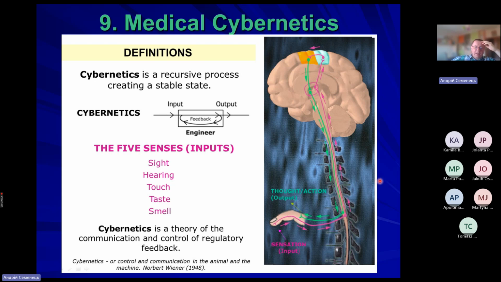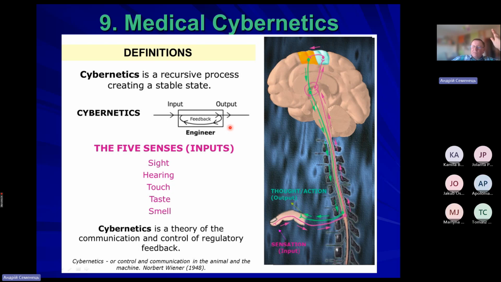So here, as I already said, is how any kind of system is represented in cybernetics, and the major emphasis is that cybernetics has no difference between biological, social, and technical systems.